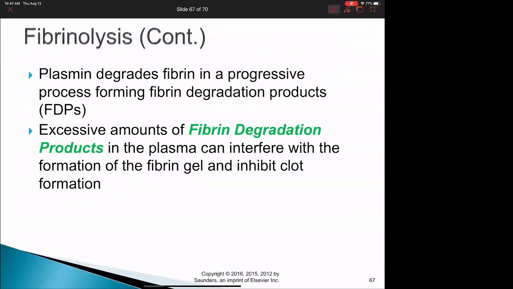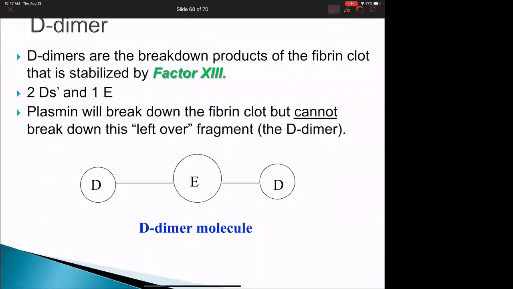Okay, so again, plasmin will degrade fibrin in a progressive process, and that will form fibrin degradation products, or FDPs. And excessive amounts of fibrin degradation products in the plasma can actually interfere with the formation of a fibrin gel and inhibit clot formation. All right? Again, D-dimers are important because they are something that we try to detect in routine testing. D-dimers are the breakdown products of fibrin clot that has been stabilized by factor 13.